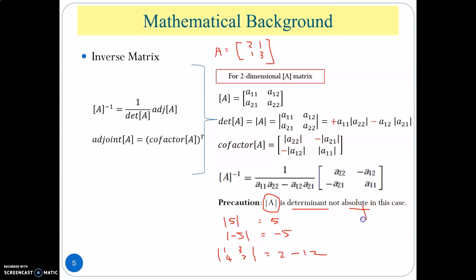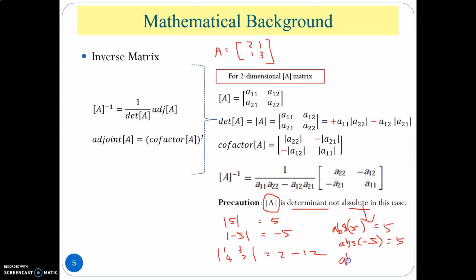So for the absolute case, let's change the symbol to ABS to indicate the absolute. If you take absolute 5, you get 5. Absolute negative 5, you obtain 5, where we change the negative into positive.